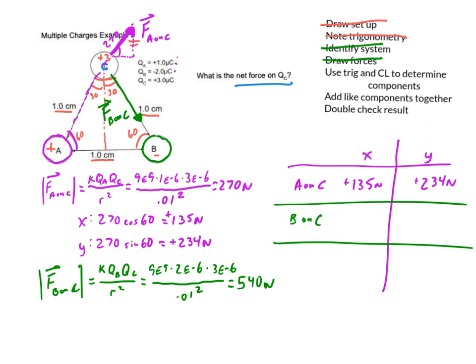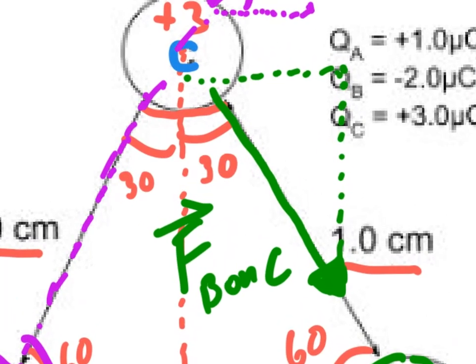Directionality of this stuff. Earlier, I'm going to zoom in. I said that this here is 30 degrees. Therefore, this is going to be 60 degrees because they're complementary angles. But it's below the x-axis, so I'm going to call it negative 60 degrees.